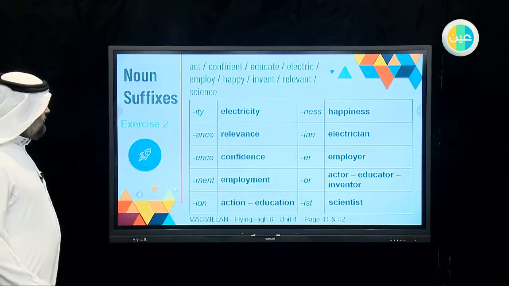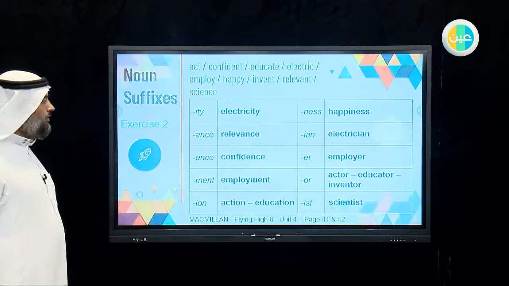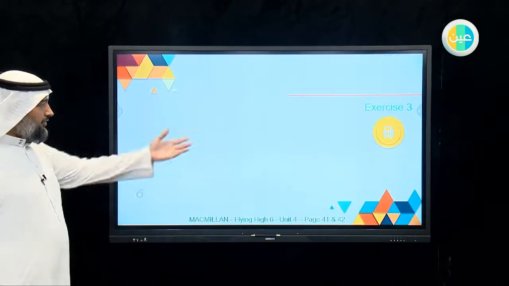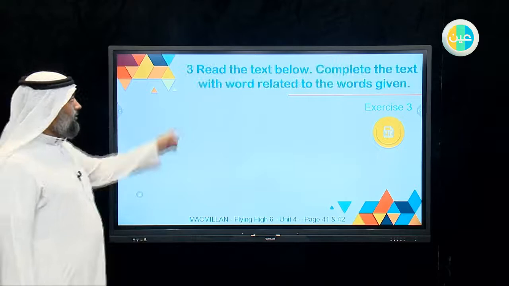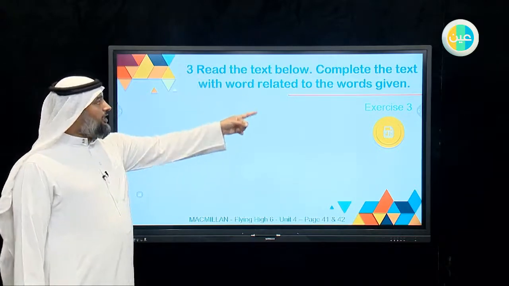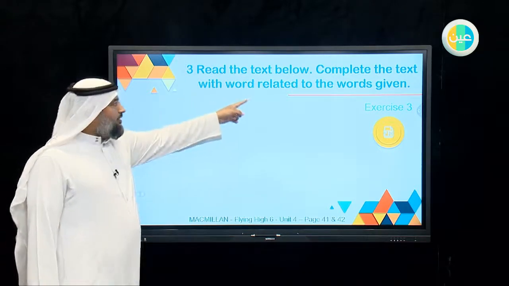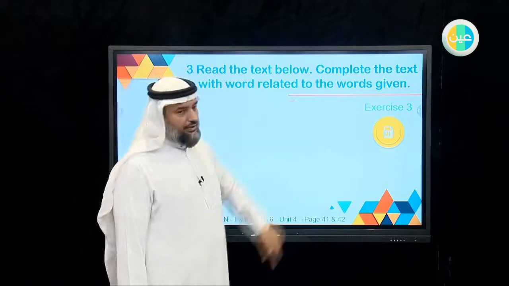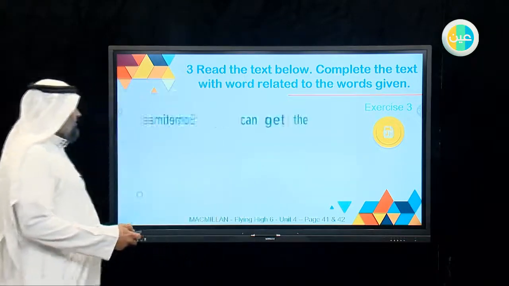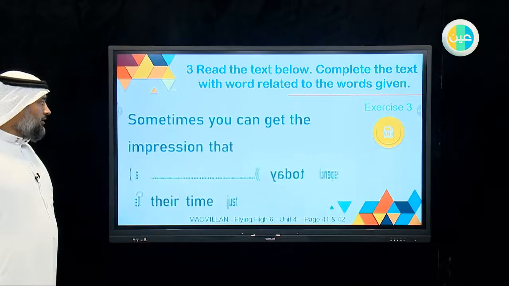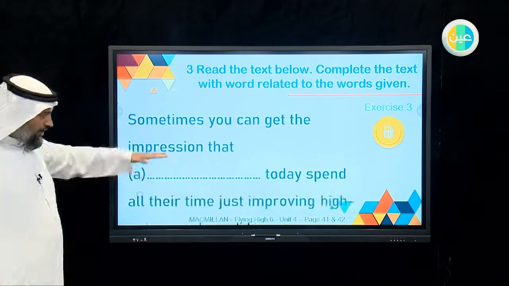Now, that's exercise 2. Now, exercise 3. Read the text below. Complete the text with words related to the words given. So, we're going to read the text. Now, we have a long text. I've taken it into parts.